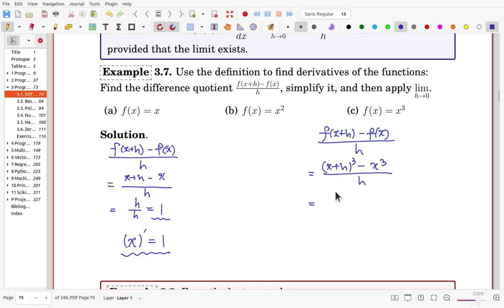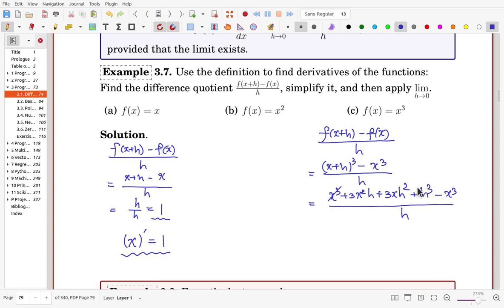Now that is same as, we expanded this term, x cubed plus 3x squared h plus 3xh squared and plus h cubed and minus x cubed, divided by h.